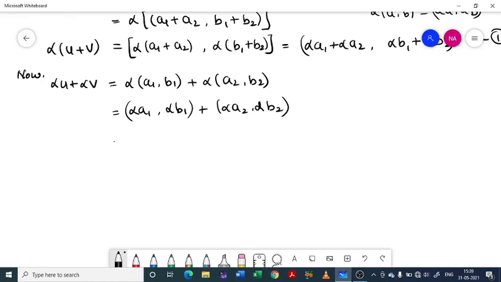Now adding these two, by the definition of vector addition, it will be alpha A1 plus alpha A2 comma alpha B1 plus alpha B2. So this is actually alpha U plus alpha V, equation 2.